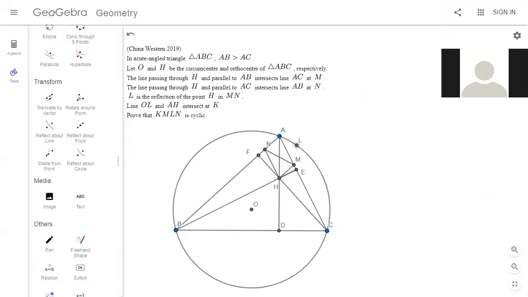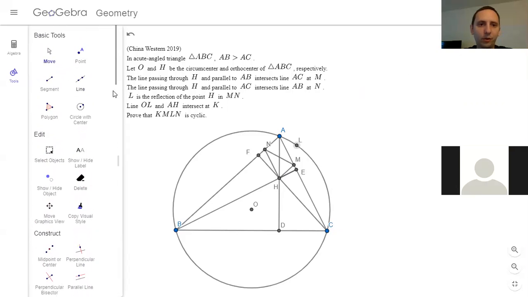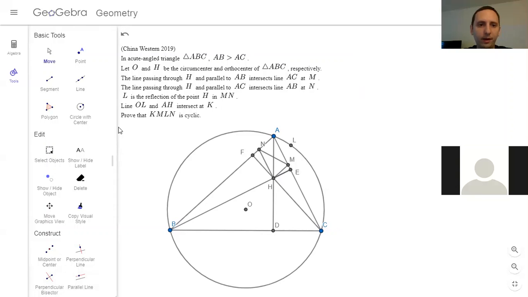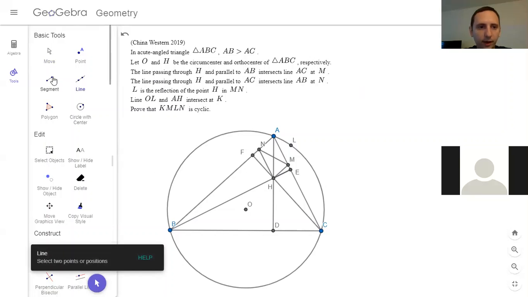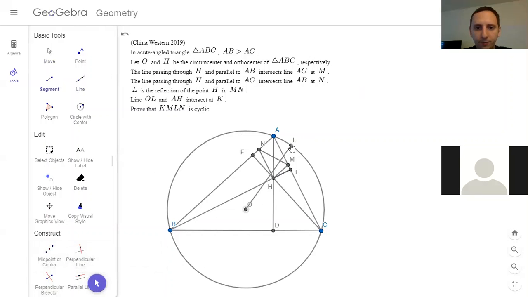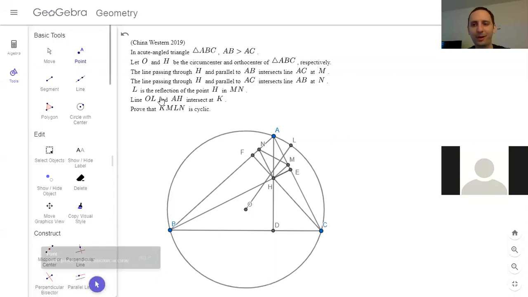Let's see who else joined. Hey to Bayou and Hakan, thanks for joining. We're just on the first problem here, the China Western Math Olympiad. We'll probably end up proving that L lies on the circle. OL and AH intersect at K. Someone says L is the AQ point in general. I feel really embarrassed, I don't even know what a Q point is.